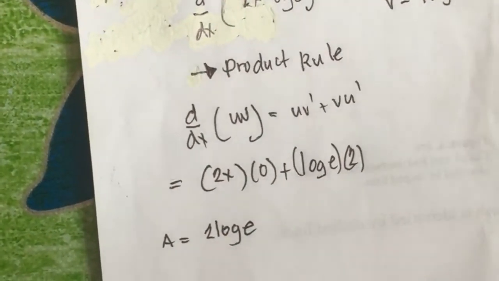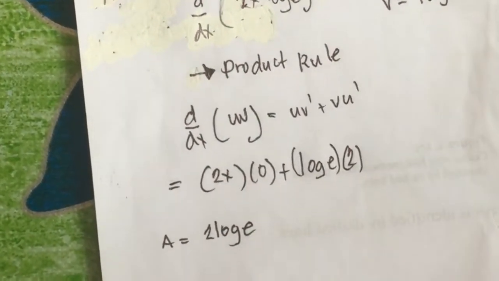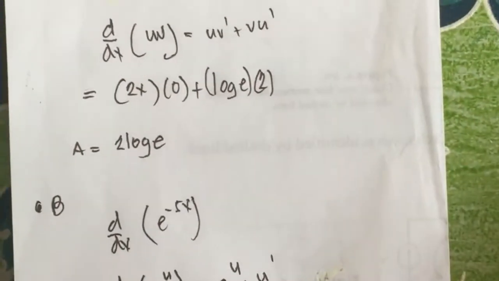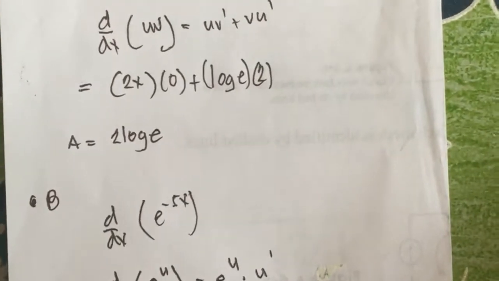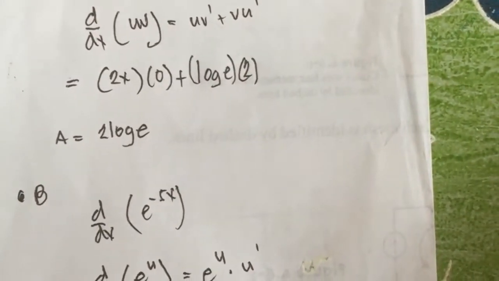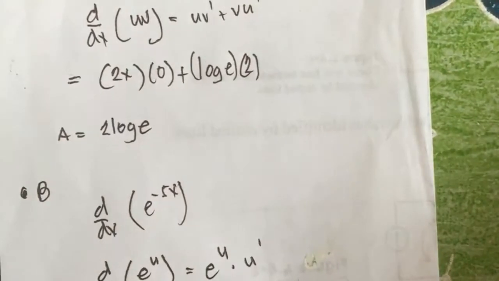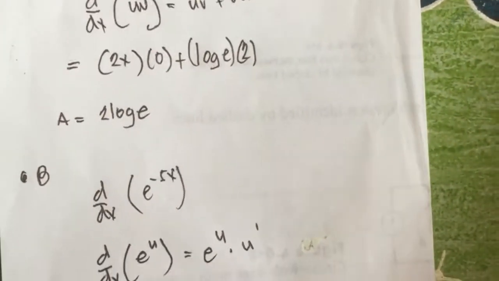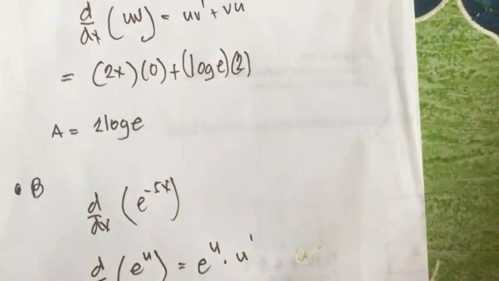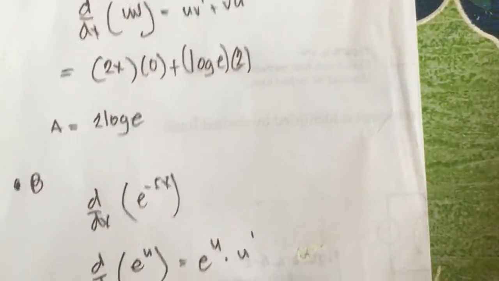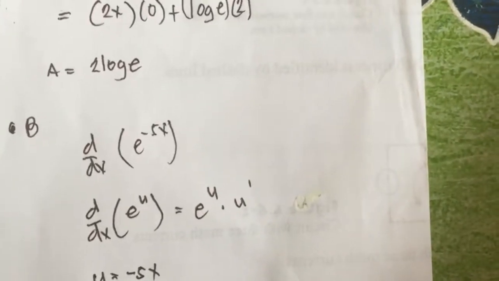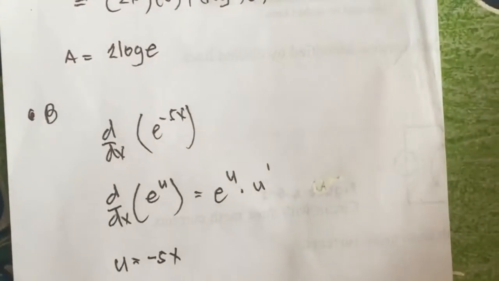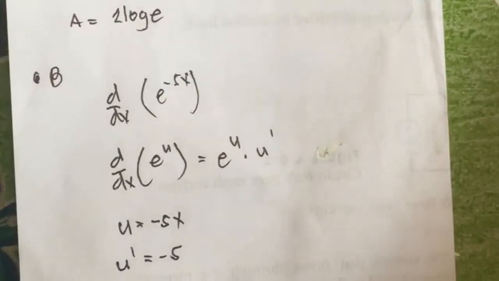The b is e power of negative 5x, and the rule is the derivative of e to the u equals e to the u times u prime. This is the exponential differentiation. And now we can represent u as negative 5x and u prime is negative 5, and we can follow the formula: e power of negative 5x times negative 5, and move the constant to the front.